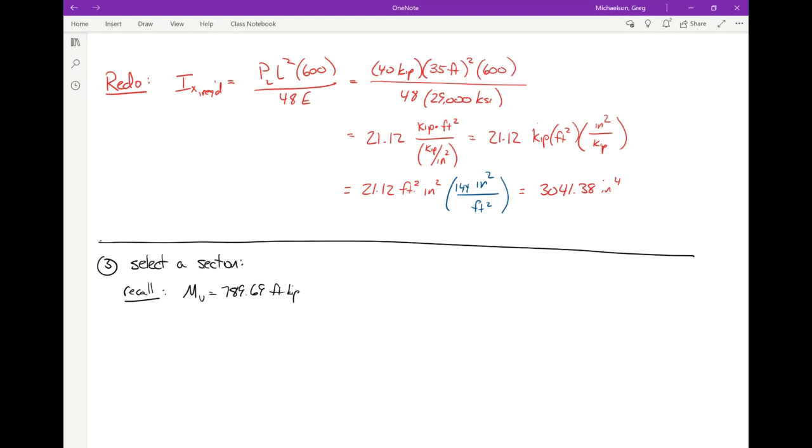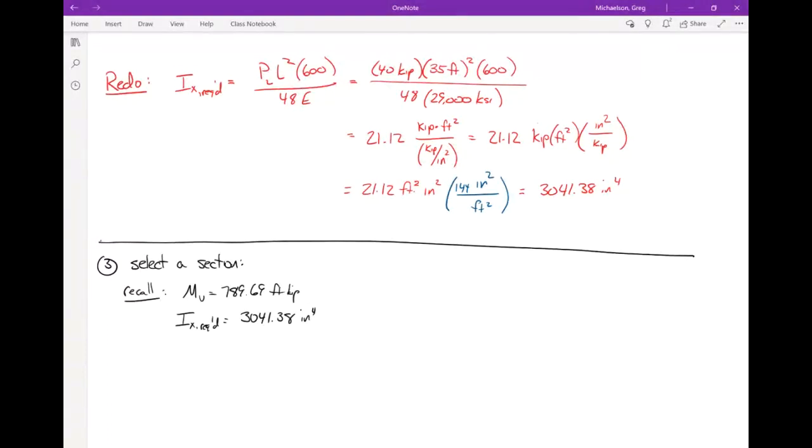And then we also got an Ix required of 3041.38.